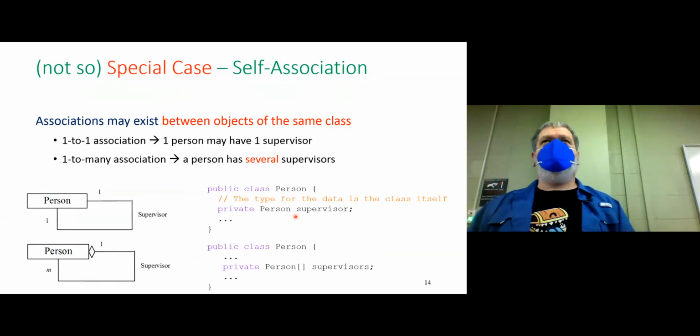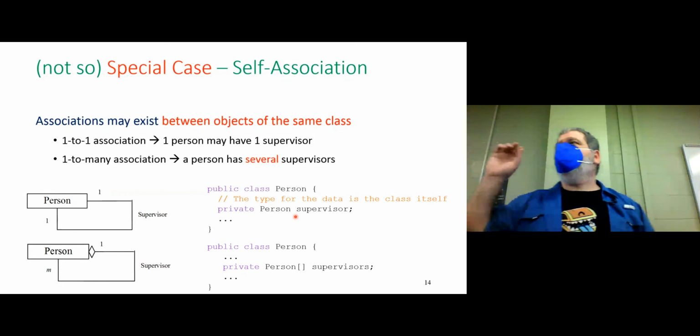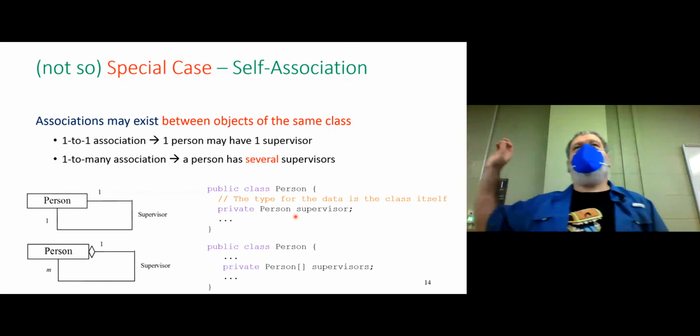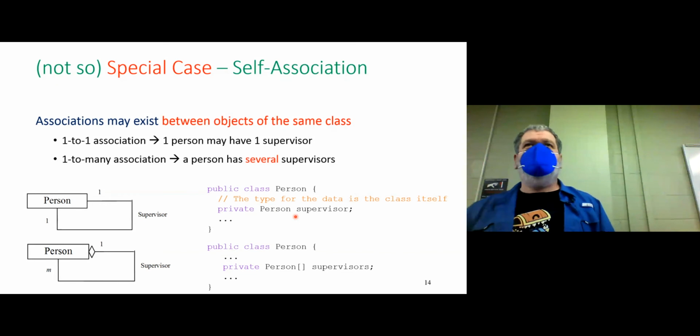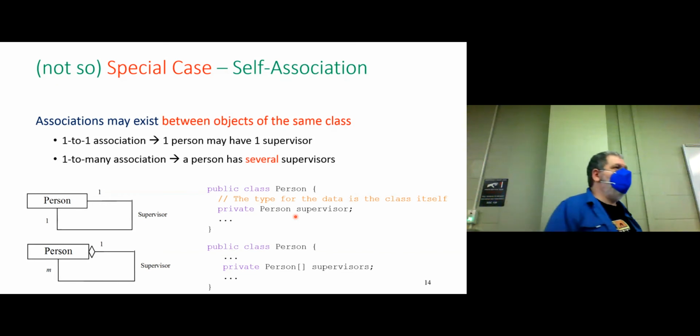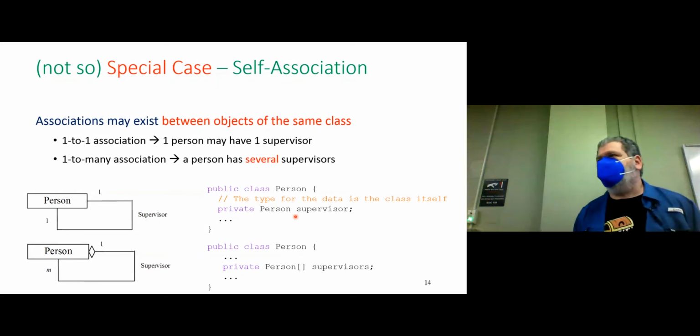Can it be a different person? Can it be the same person? Can I be my own supervisor? Yes. According to this implementation, yes. All I have to do is put a reference to an object of class person. Maybe myself, maybe another person, it doesn't matter for Java. Okay? So this is how you implement associations.